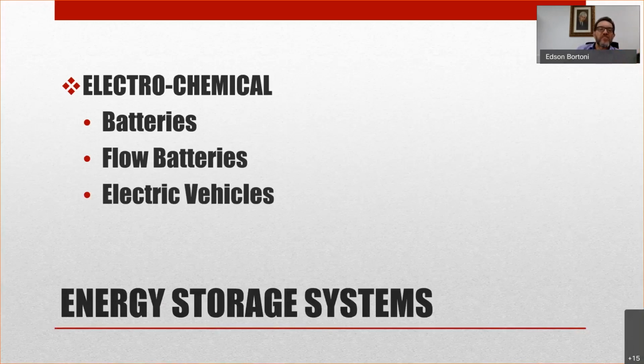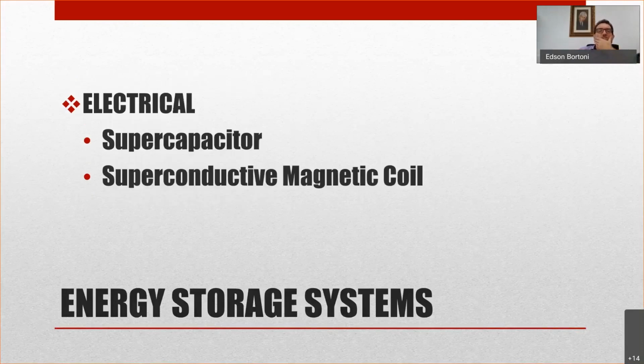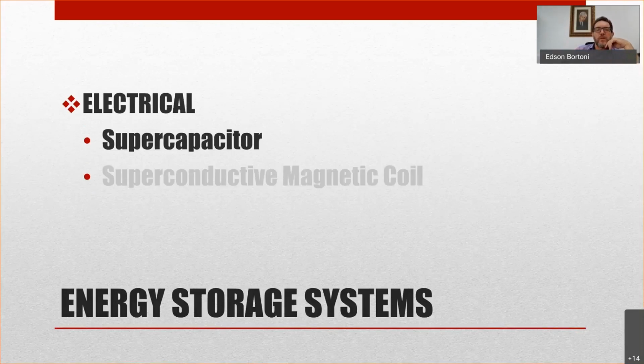Batteries, flow batteries, and the batteries in electrical vehicles, they have a lot of application and are based on chemical engineering, chemical explanations that we will not see here. So you can save energy in a supercapacitor.